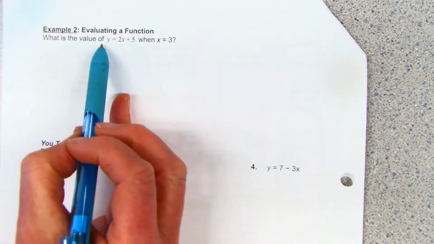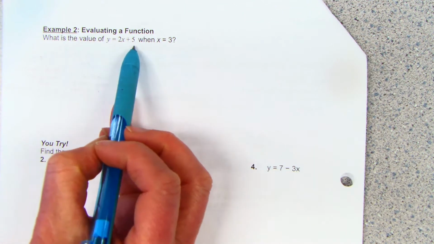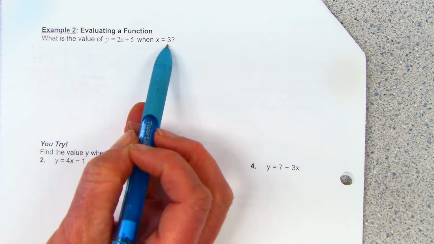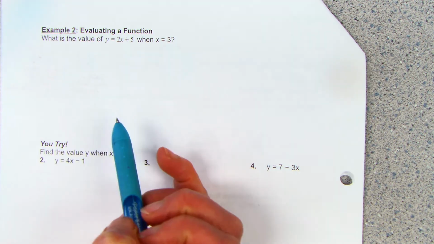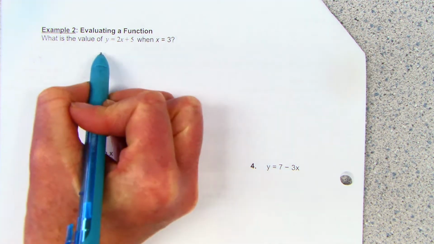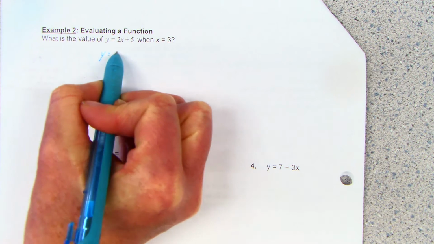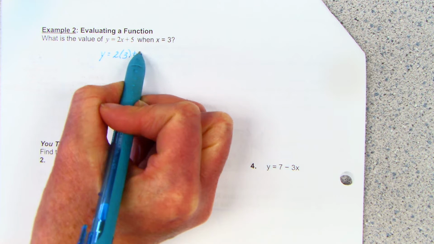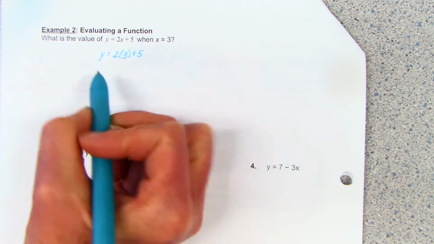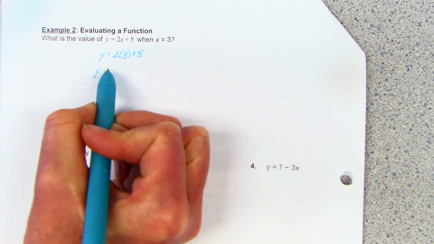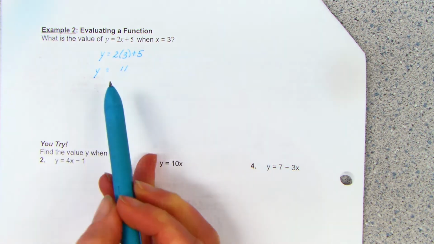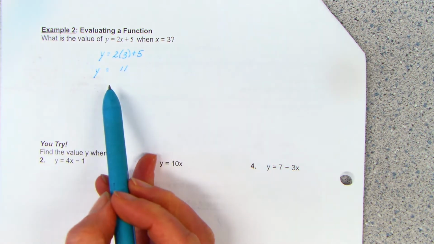All right, example 2. Evaluating a function. What is the value of y equals 2x plus 5 when x is equal to 3? You have to substitute 3 in for x and figure out what y is. So do the math. 2 times 3 is 6, plus 5 is 11. But the important thing is the language.